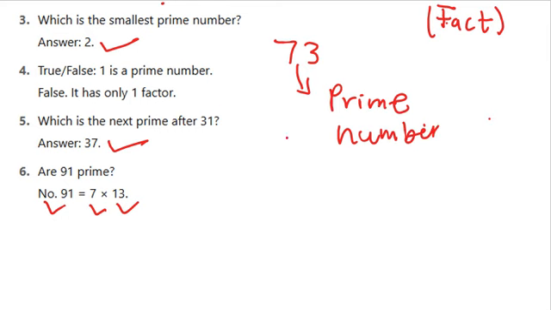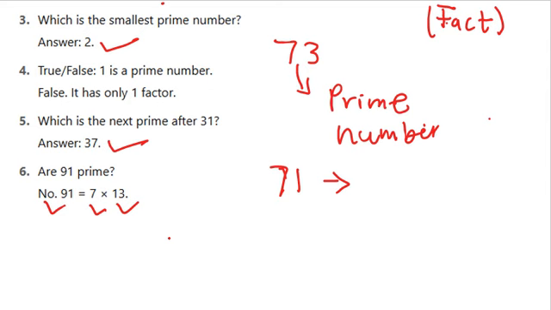Let's check another number, 71. Let's see if it is a prime number or not. If you press 71 in the calculator, press equals, shift, and the factorize button, you get 71 again.